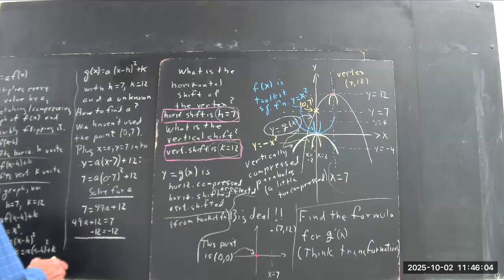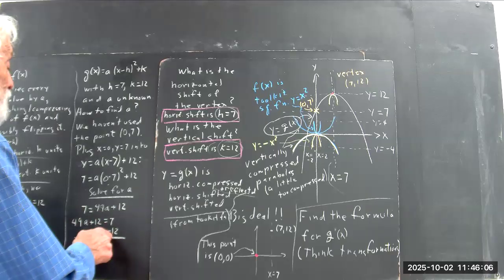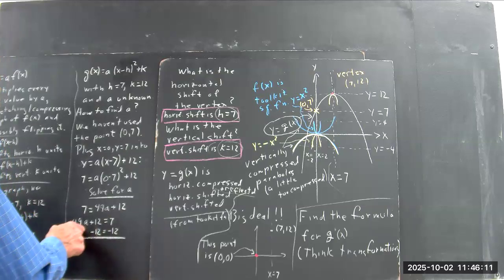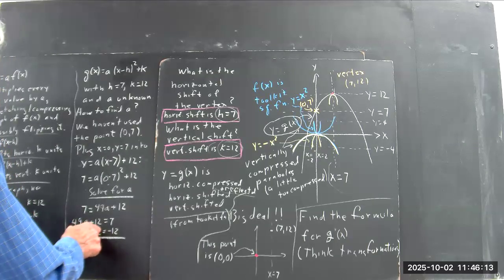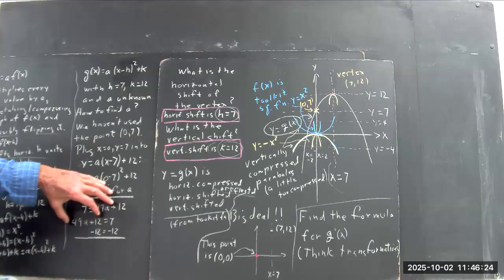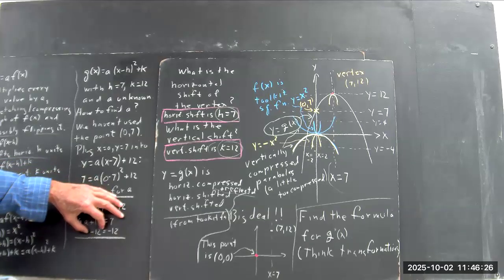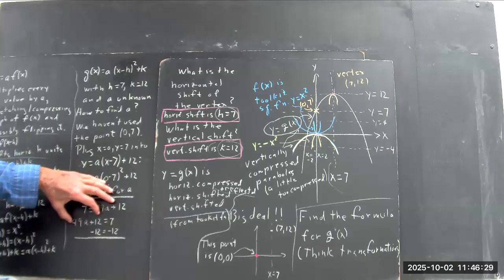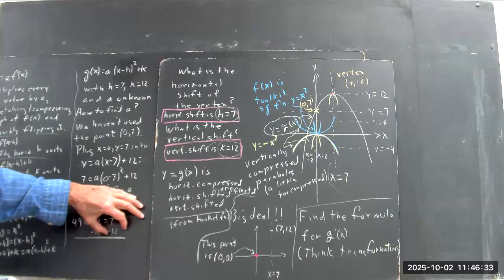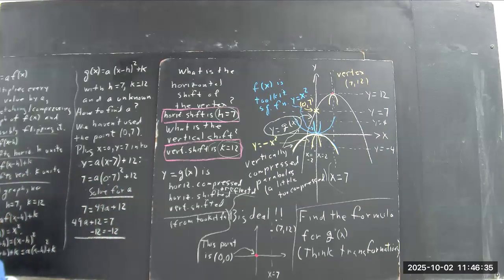Okay? Now, one of the mistakes I saw was somebody misaligned the equal signs and tried to add negative 12 to 49a and then negative 12 to 12 and didn't do anything to the 7. Okay? Just by misaligning the equal signs and not really understanding what the principle is here: if you have two equations, add their left-hand sides and add their right-hand sides, you still have an equivalent equation.